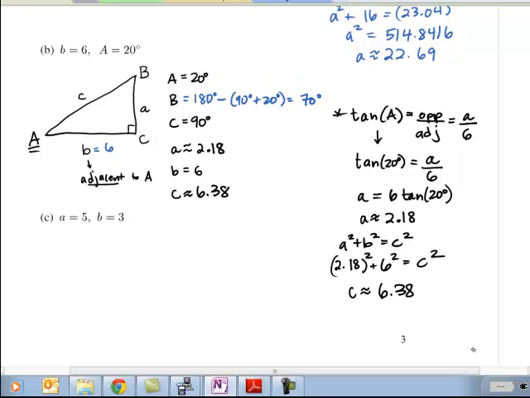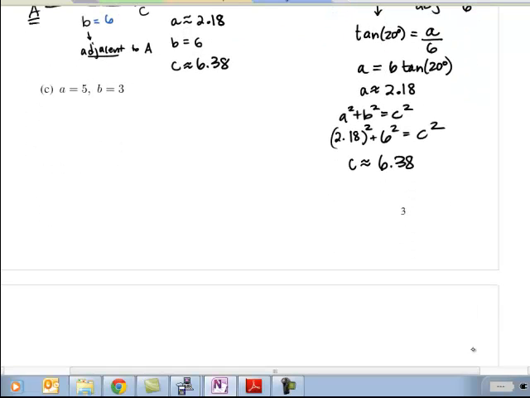All right. Then the next one, we've got 2 side lengths given instead of any angle measurements. So let's draw our triangle. Got a 90-degree angle.